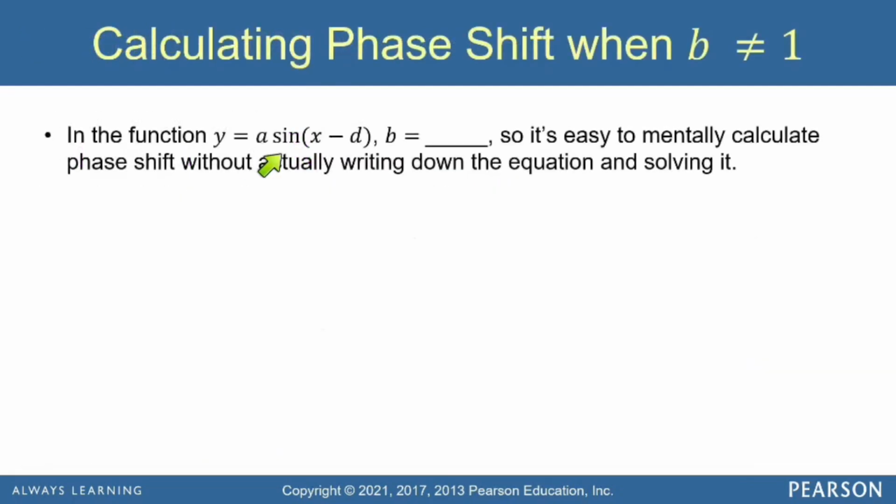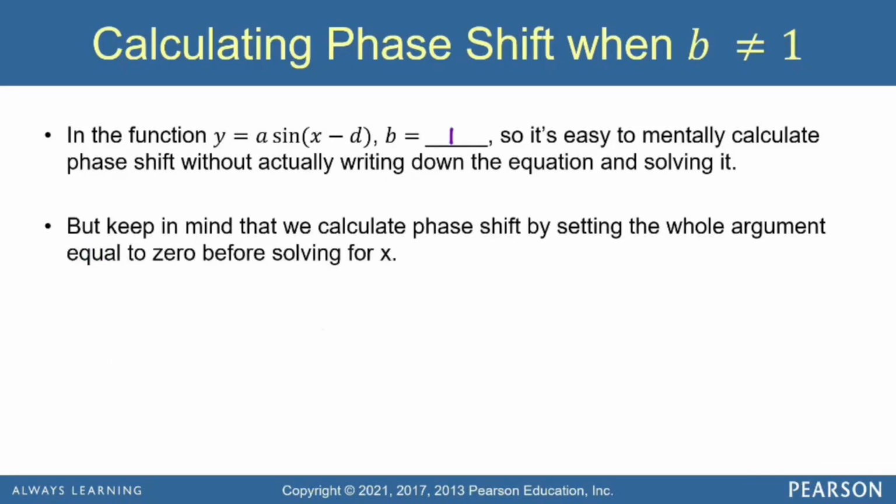Now, when you have a function that looks like a times the sine of x minus d, of course your b number in that case is 1. So it's easy to mentally calculate phase shift without actually writing down the equation and solving it. You can think in your head x minus d equals 0 and know that when you solve it, x will equal d. But keep in mind that when the b number is something other than 1, the b number is going to affect the phase shift.